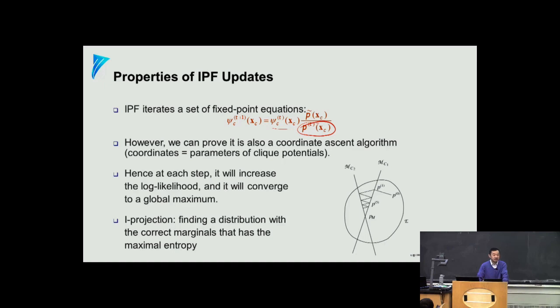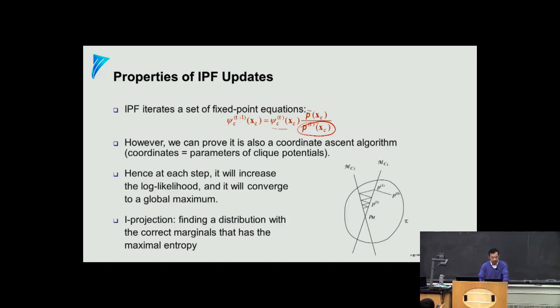You need to have all clique potentials, right, of whatever current version you have in your computer. Therefore, it is actually a fixed point program, not only over time, but also rotating over all the potential functions.